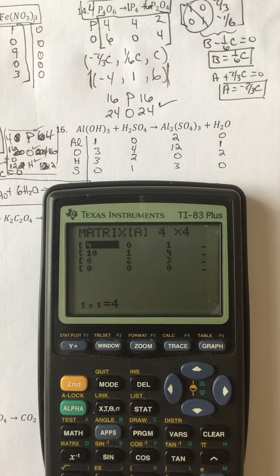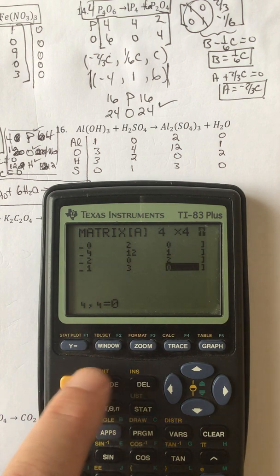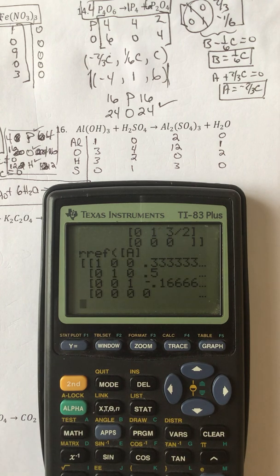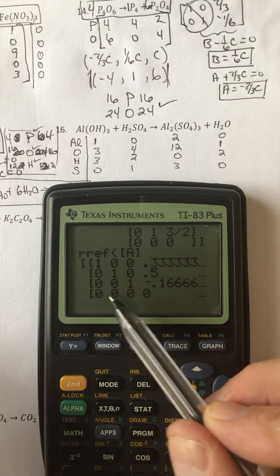This time, so I've got a 4 by 4. 1, 0, 2, 0, 3, 4, 12, 1, 3, 2, 0, 2, 0, 1, 3, 0. Get the reduced of that one. Okay, so everything is good.